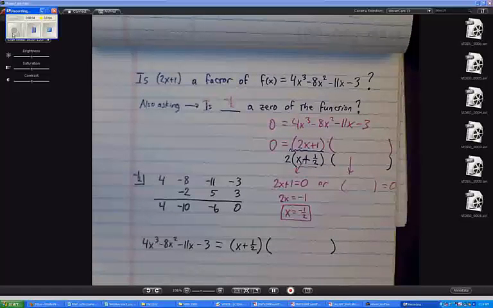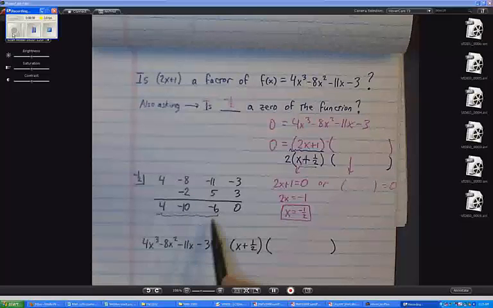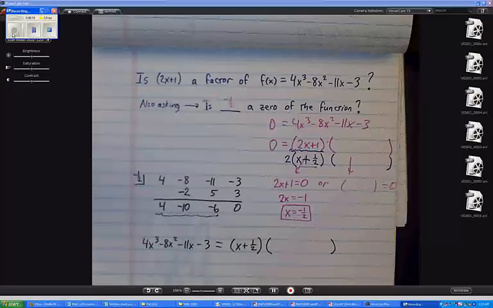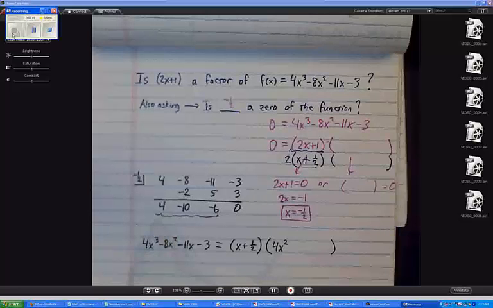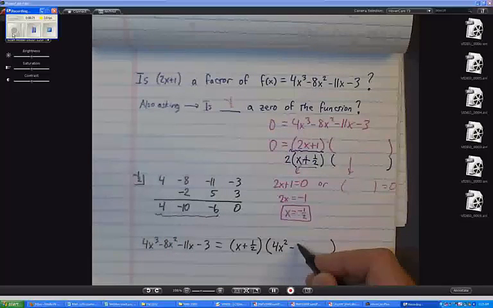Well, I get the other piece from these numbers. So what would we write in there? 4x squared. That's right, because you got to get back 4x cubed. So that 4 is a 4x squared. Then minus 10x, and then minus 6. Okay?